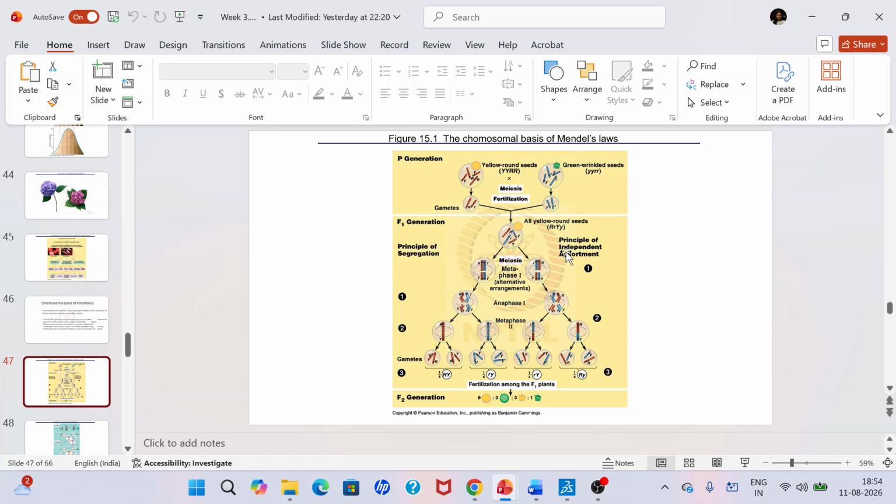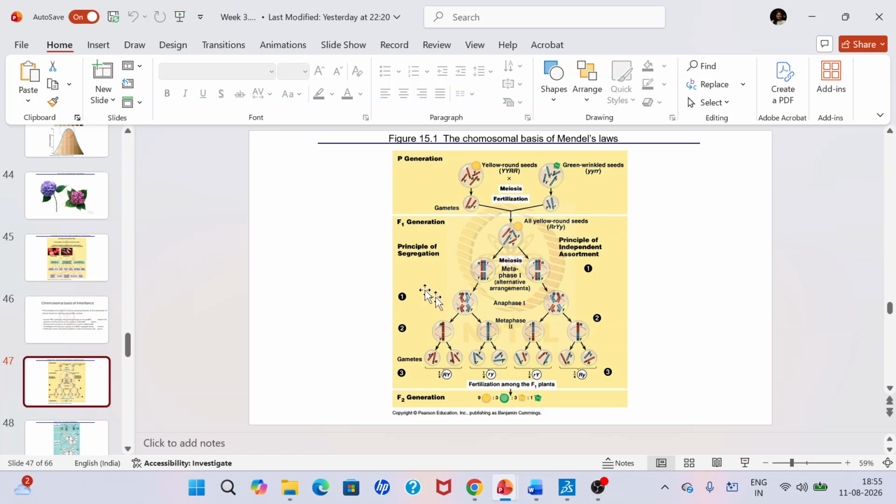You will understand this if you have studied meiosis before. Meiosis is a kind of cell division which helps in the formation of gametes. The characters are segregated, leading to the formation of gametes, and these gametes fuse to form the zygote.